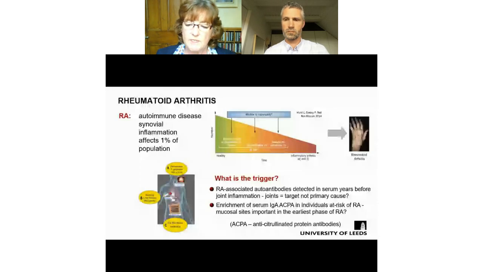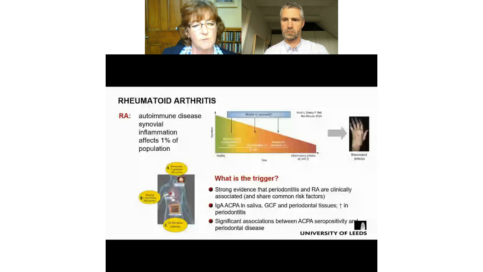So it's suggested that a localized mucosal immune response might first develop at certain mucosal sites like the mouth, the lung, and the gut, and these are important in the initiation of the accumulation of those autoantibodies that eventually result in the formation of full-blown disease.